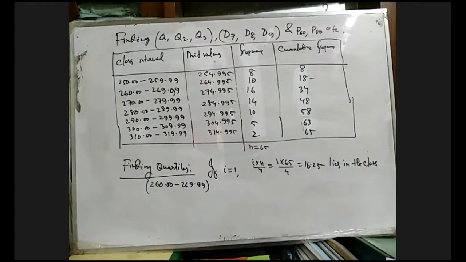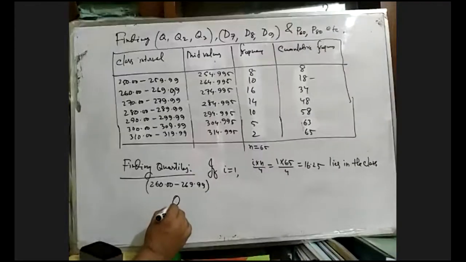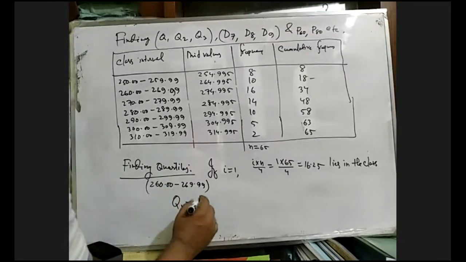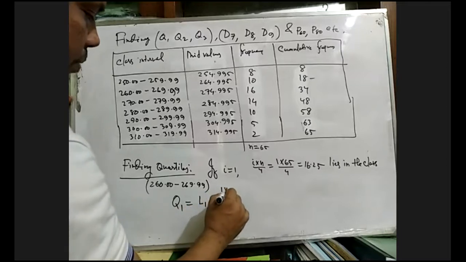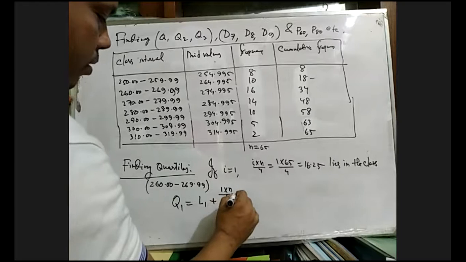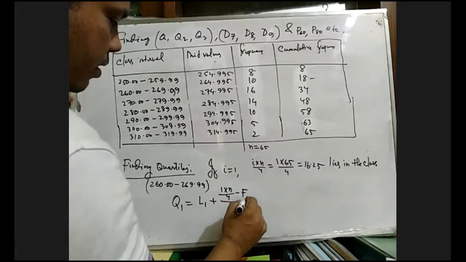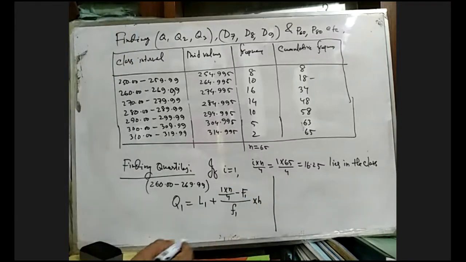Now, for finding the first quartile, how can we find it? For Q1, i equals 1. Q1 equals L1 plus (1 multiplied by n divided by 4 minus cumulative frequency f1) divided by small f1, multiplied by h, the length of the class interval.